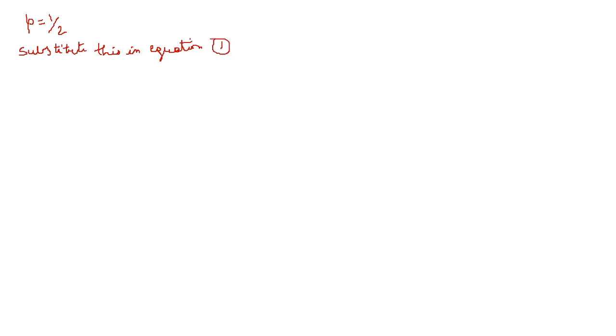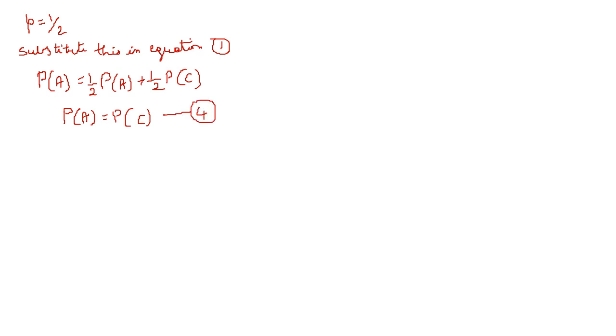When we substitute it in equation 1, we get P of A is equal to half into P of A plus half into P of C. If we solve this, we get P of A equal to P of C. Let this be equation number 4.